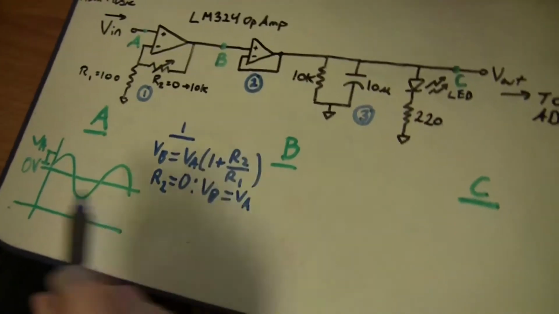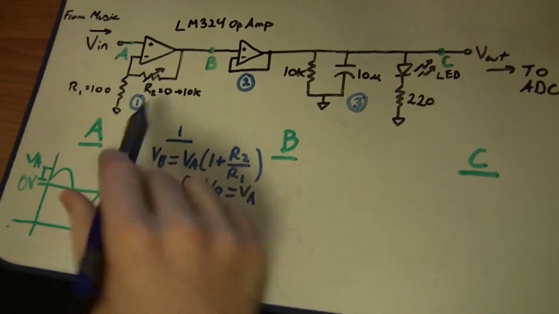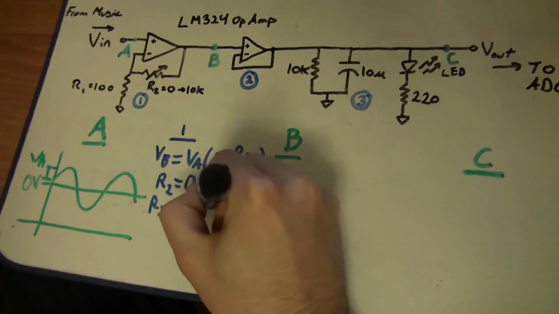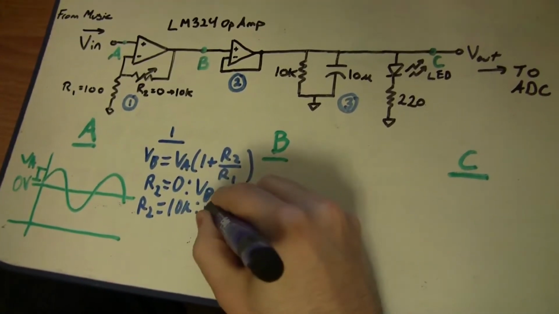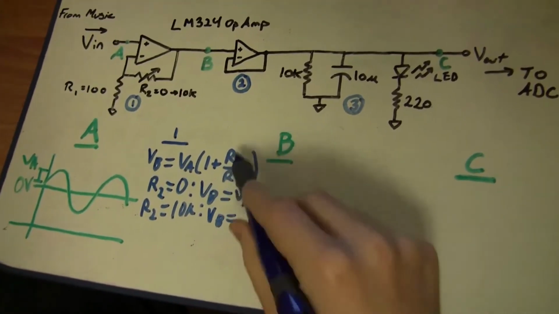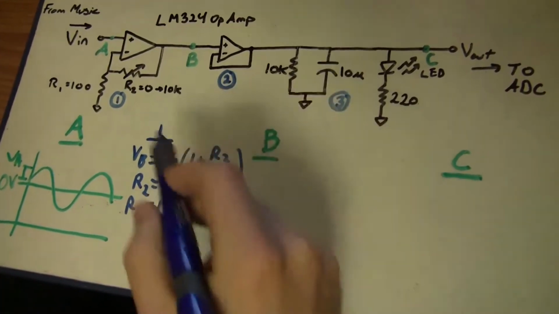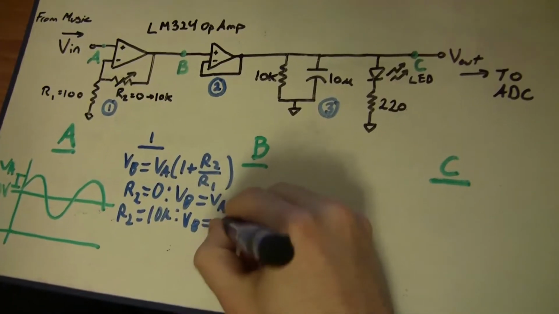On the other hand, if we turned it all the way up to our max, which is 10K, R2 is equal to 10K, we wind up with VB equals 10K over 100, so that's 100, plus the 1, so that's 101 VA.